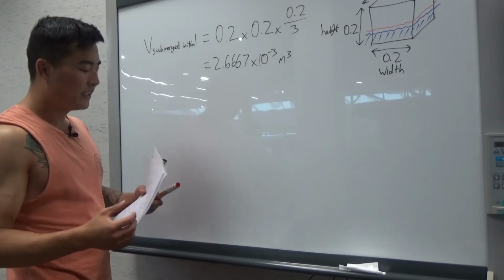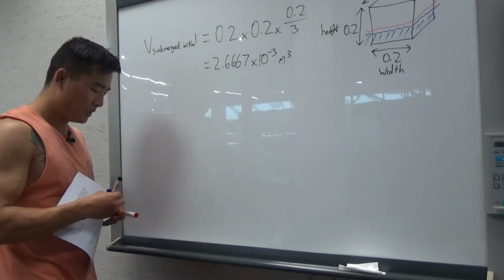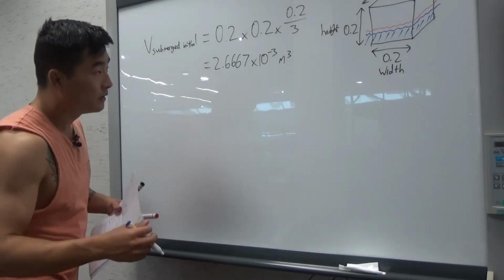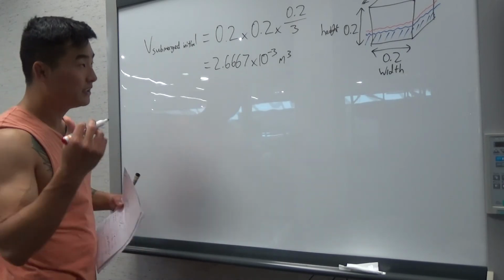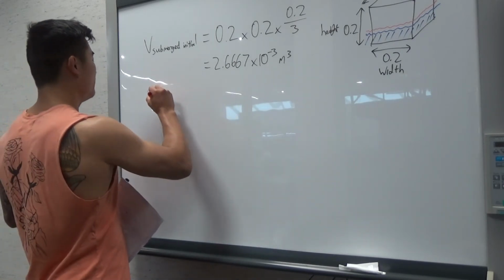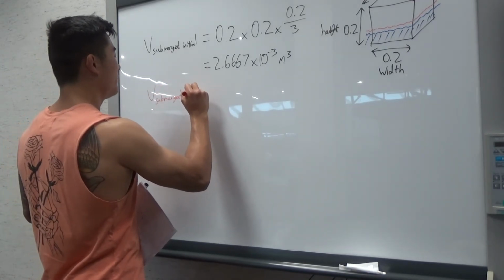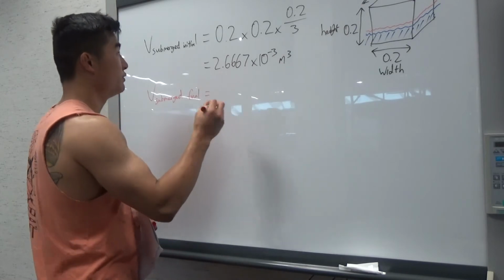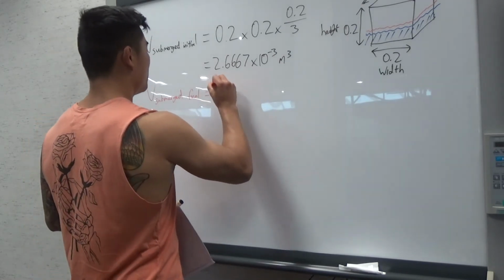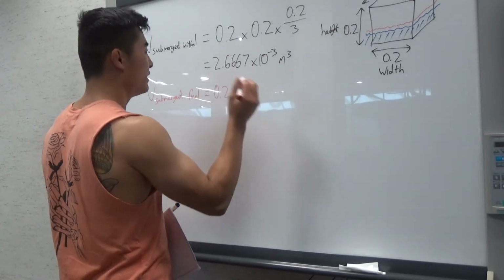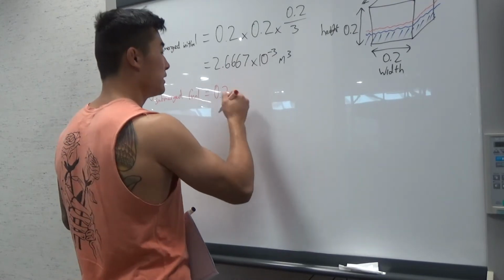And then now we have to find out the volume of the box that's submerged after the cat's been put in. So volume submerged final will be equal to, again, the length and the width that's submerged is going to stay the same.